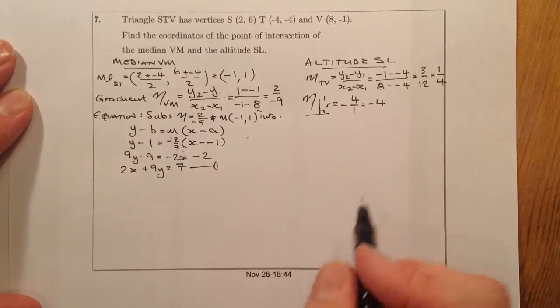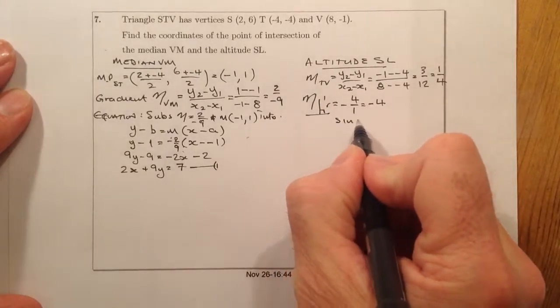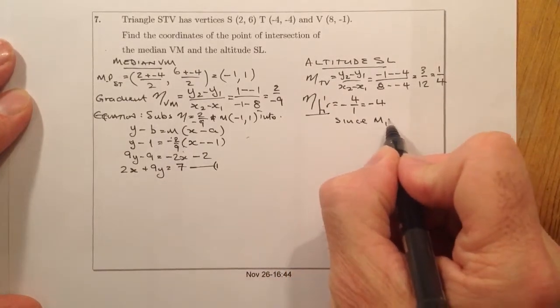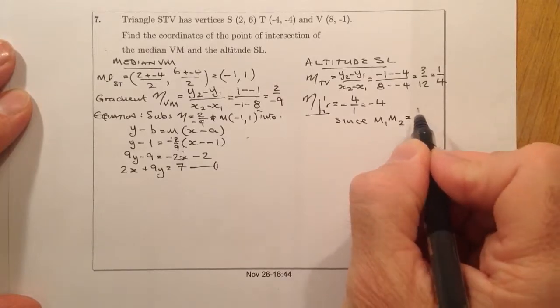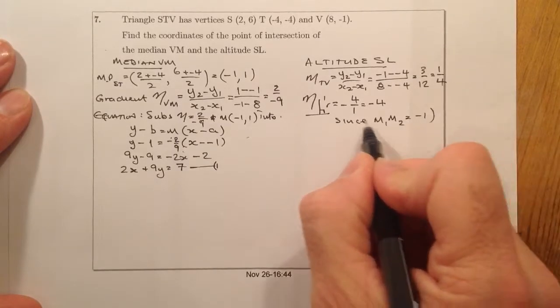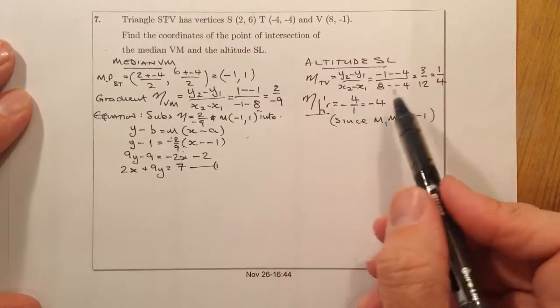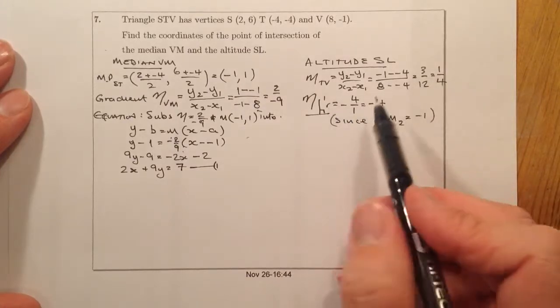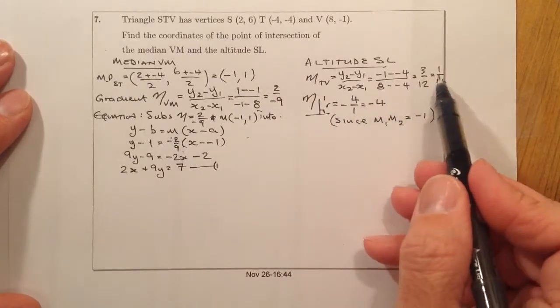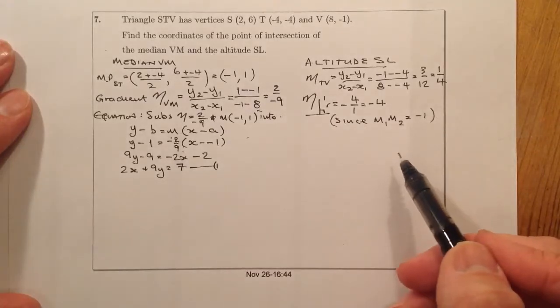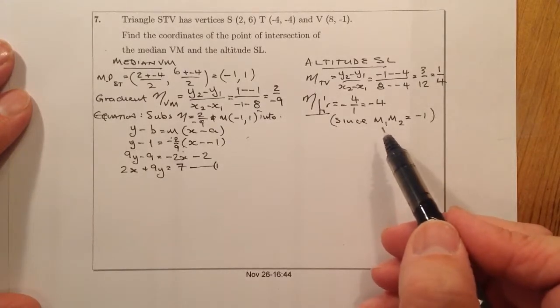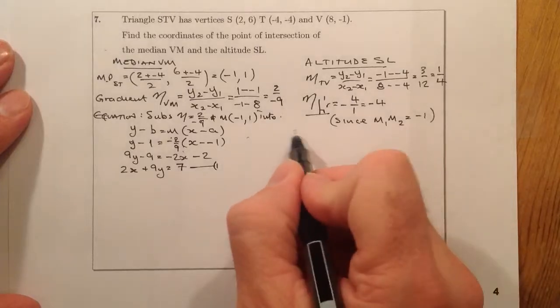And the reason why that works is that for perpendicular lines, one of the gradients times the other is equal to minus 1. These two will give me minus 1, and that works out.